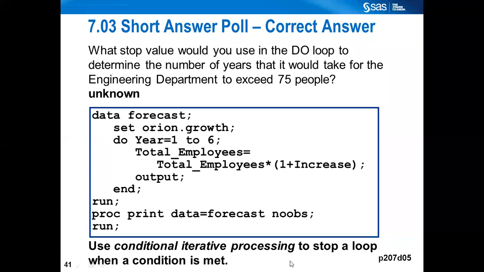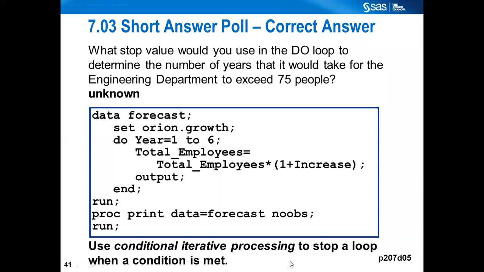So use a conditional to stop the process. How many years? Let it be 6 years only. But the condition is total employees exceeding 75.